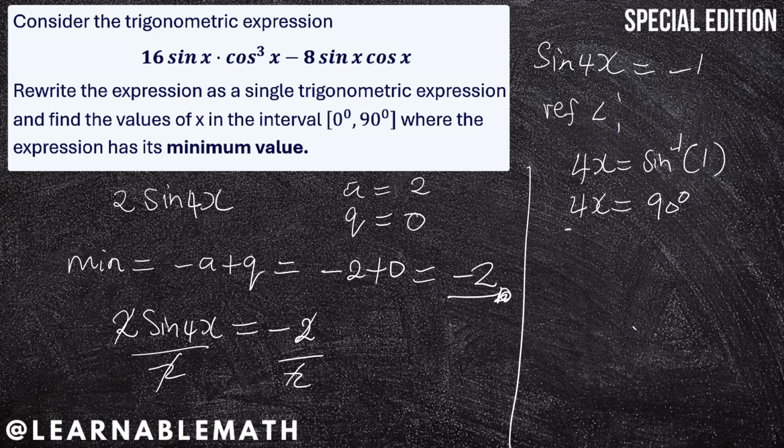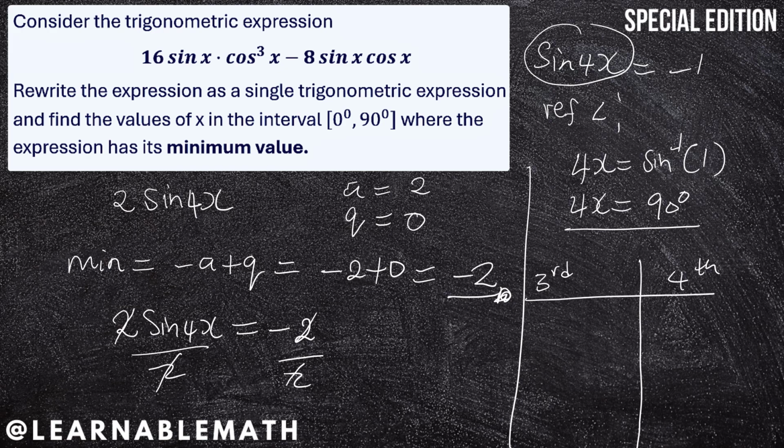Then what I do is I go to the quadrants where sine is negative, right? Sine is negative in the third quadrant and also in the fourth quadrant. Okay, the third quadrant is defined as 180 plus theta. The fourth quadrant is defined by 360 minus theta. My theta is the reference angle, right?